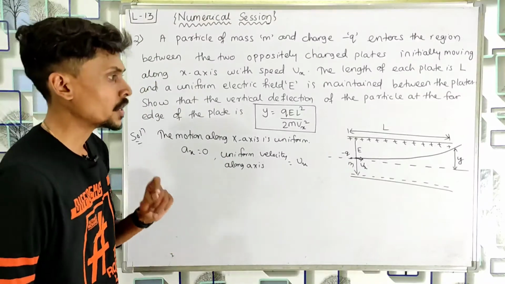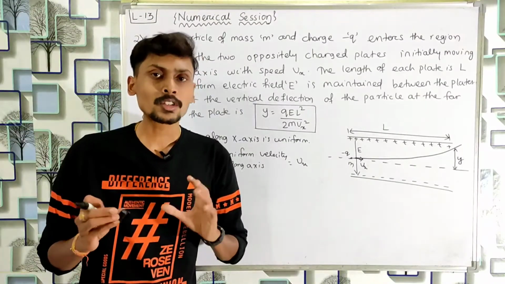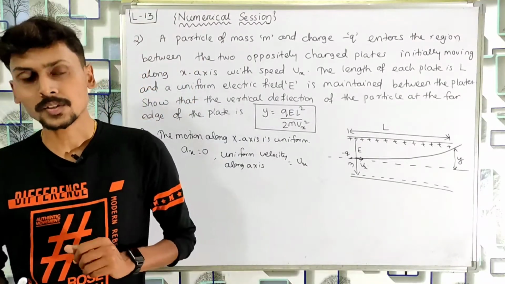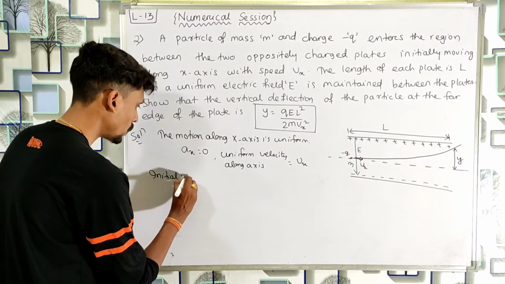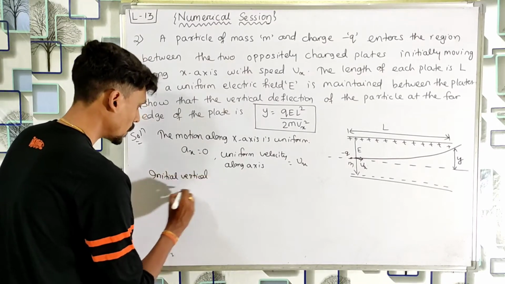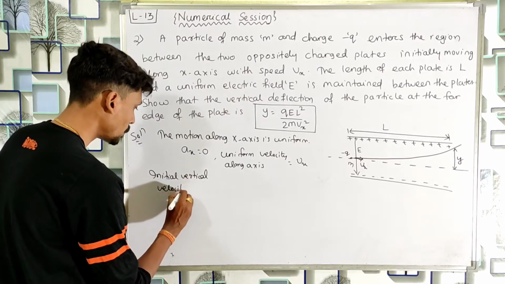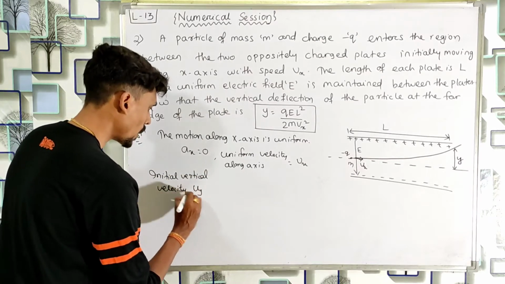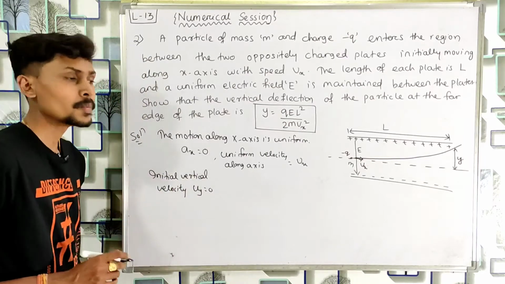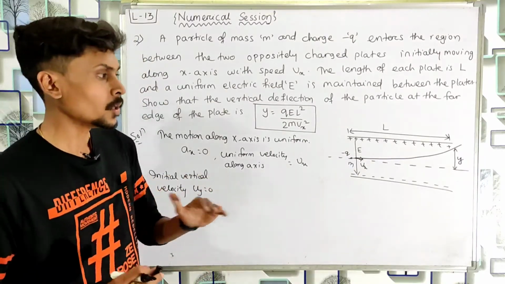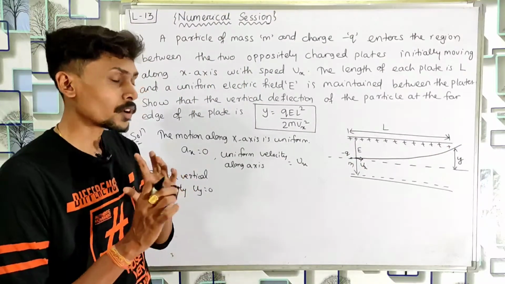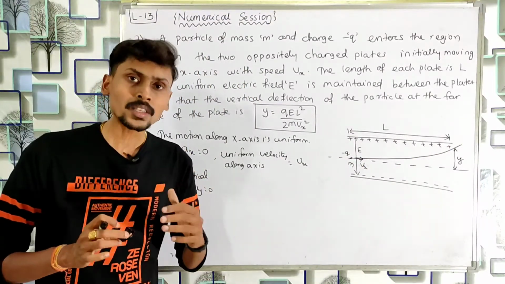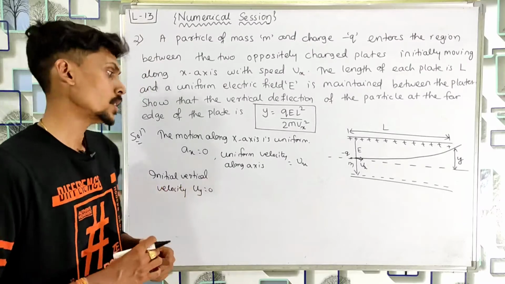But initially there was no velocity component along the y-axis. So I can write that the initial vertical velocity uy is equal to 0, because initially the charged particle was moving along x-axis. So there is no initial vertical component of the velocity.